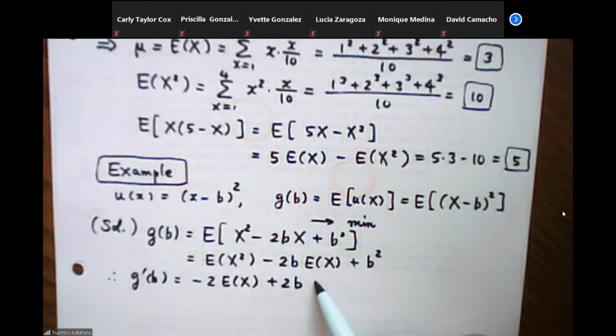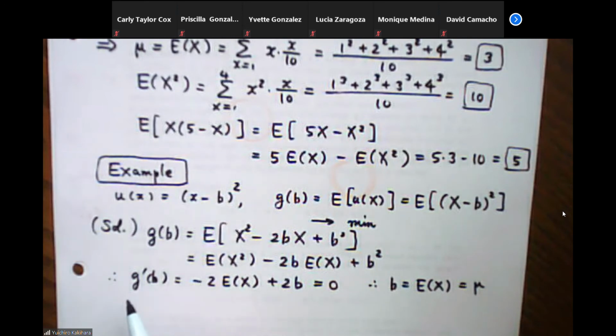Set this equal to 0. So what is b then? E of x, right? Or you can say this is mu. At mu, this derivative is 0.